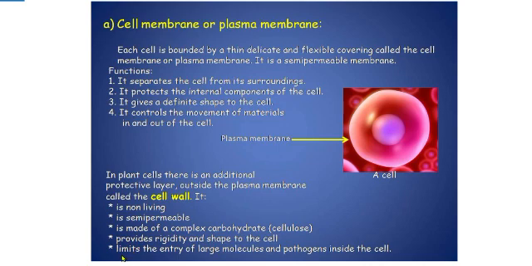Now, cell wall limits the entry of large molecules and pathogens inside the cell. Cell wall guards the entry of large molecules and pathogens. What are pathogens? Pathogens are harmful organisms, harmful unicellular organisms.